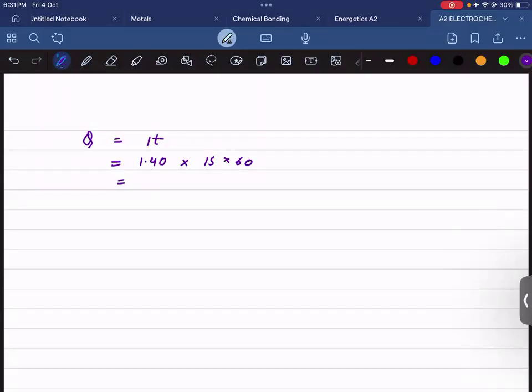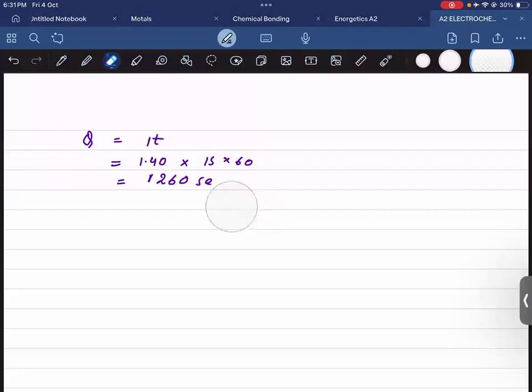1260 seconds. Sorry, in coulombs. They are in coulombs, right?